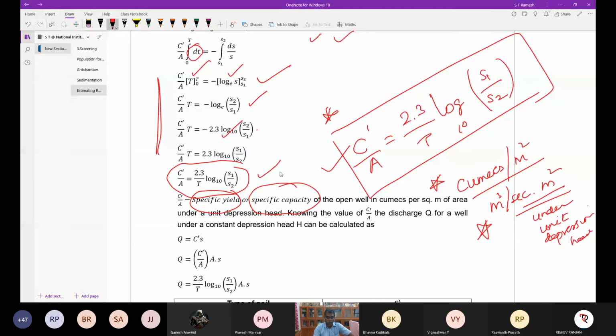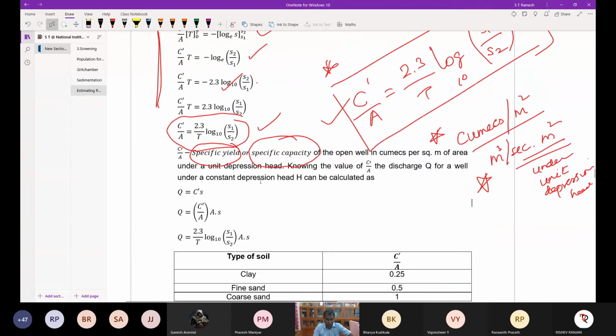You can remember the unit: meter cube per second per meter square under unit depression head.